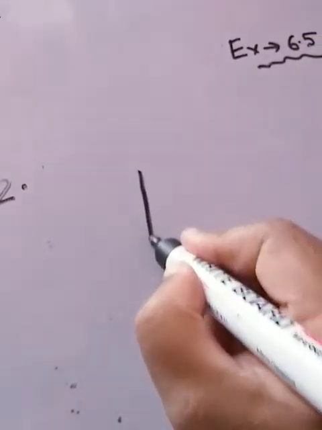Now in question number 2, they are saying that ABC is a triangle, right angle at C. Again we'll draw another right angle triangle.